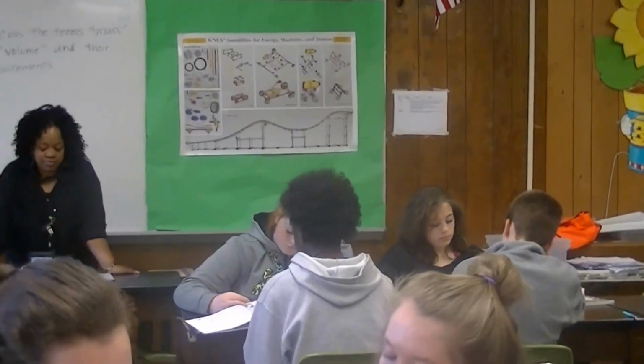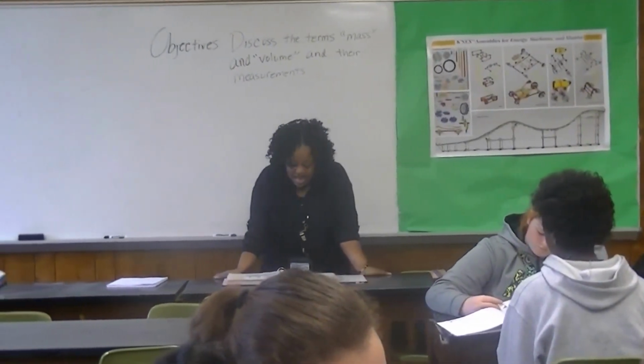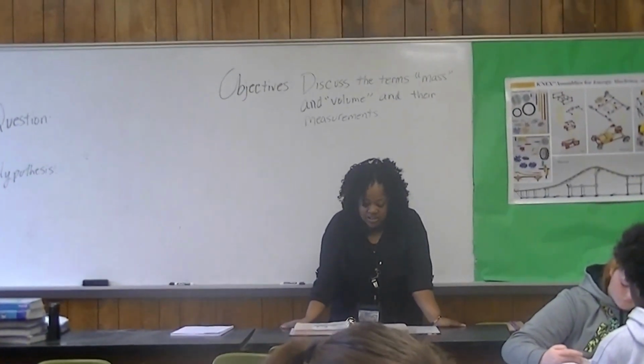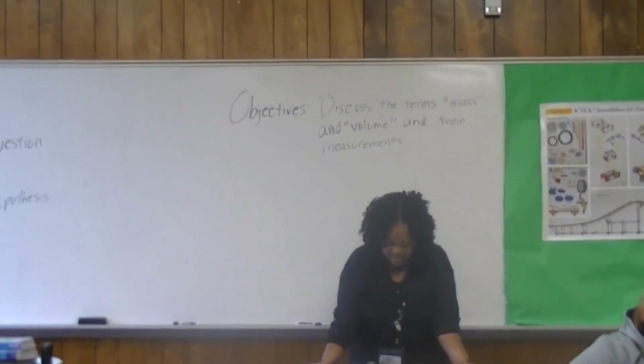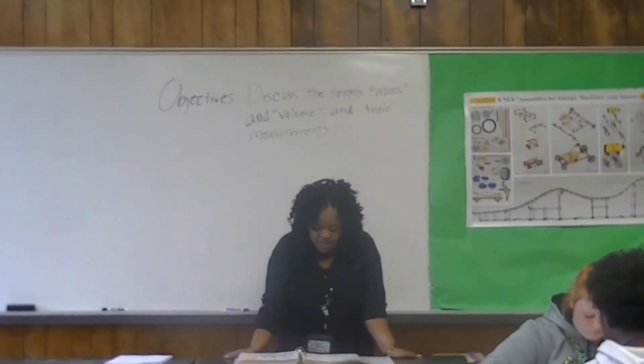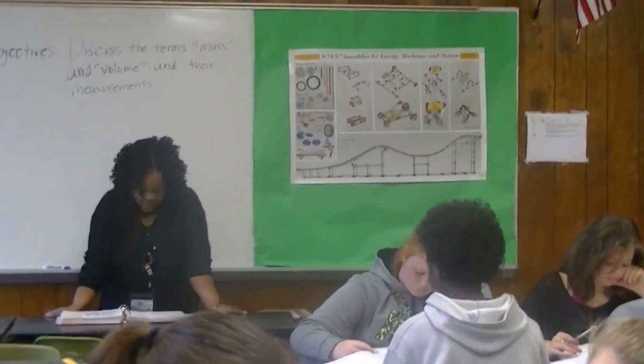So the volume of a block equals the length in centimeters times the height in centimeters times the width in centimeters, and that all equals the volume in cubic centimeters. Different formulas can be used to calculate the volume of other regular objects such as cylinders or spheres.